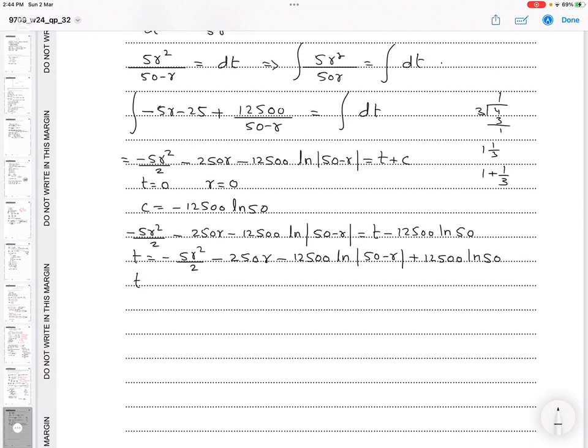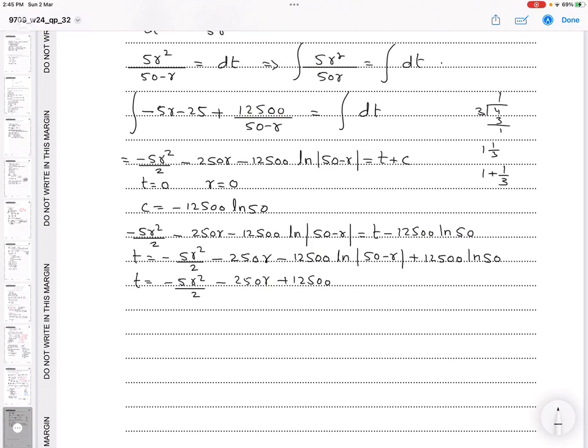So t equals minus 5r square over 2 minus 250r plus 12,500 times ln 50 minus ln of 50 minus r.